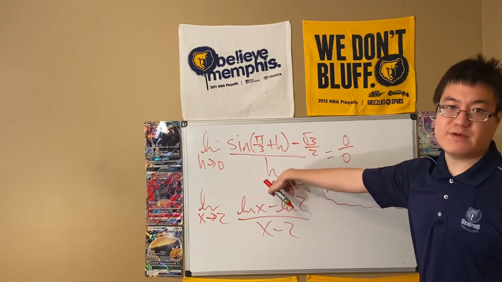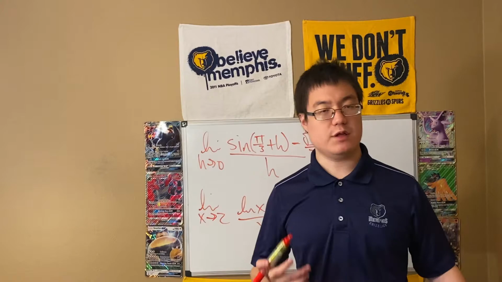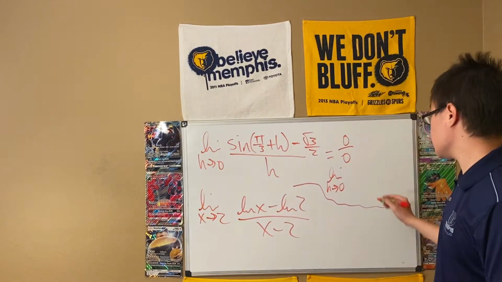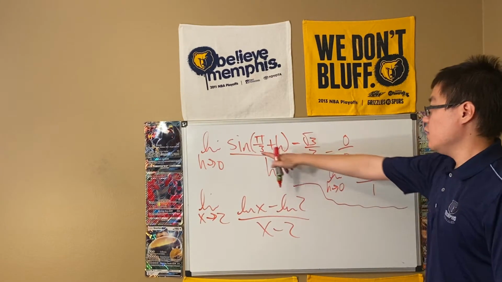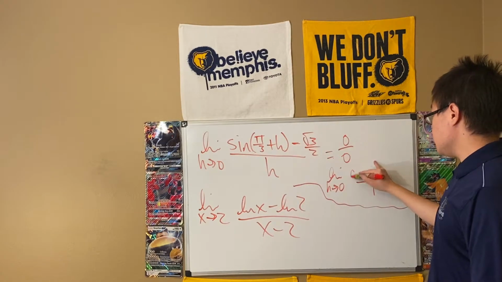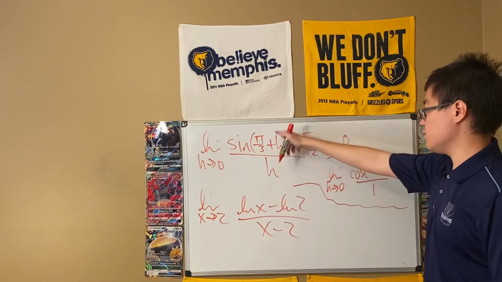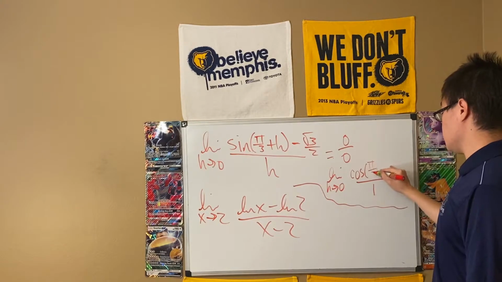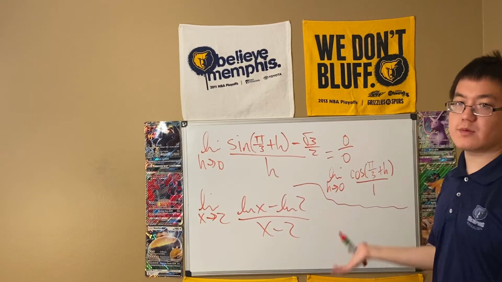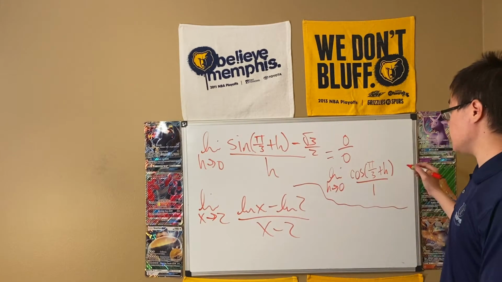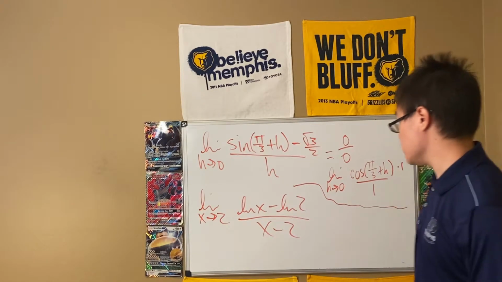The derivative of the bottom is very easy. The derivative of h is like the derivative of x, which is 1. So that's not too bad. The derivative of sine is cosine, and then we're going to keep the same inside, and multiply by the derivative of the inside function by the chain rule, but that's just times 1. So we're good to go.